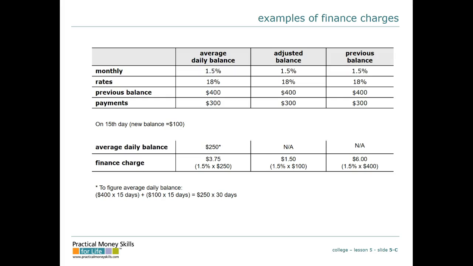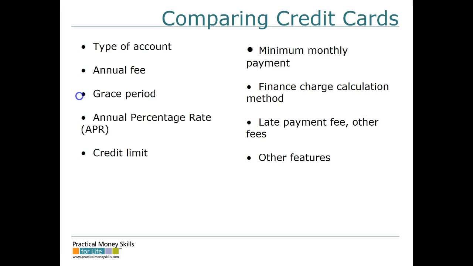But notice the finance charge, the differences in finance charge. Adjusted balance was less than the average daily balance by $3.75, and previous balance was a lot higher. So be sure that you do, as I said, check those before you determine which credit card you're going with.